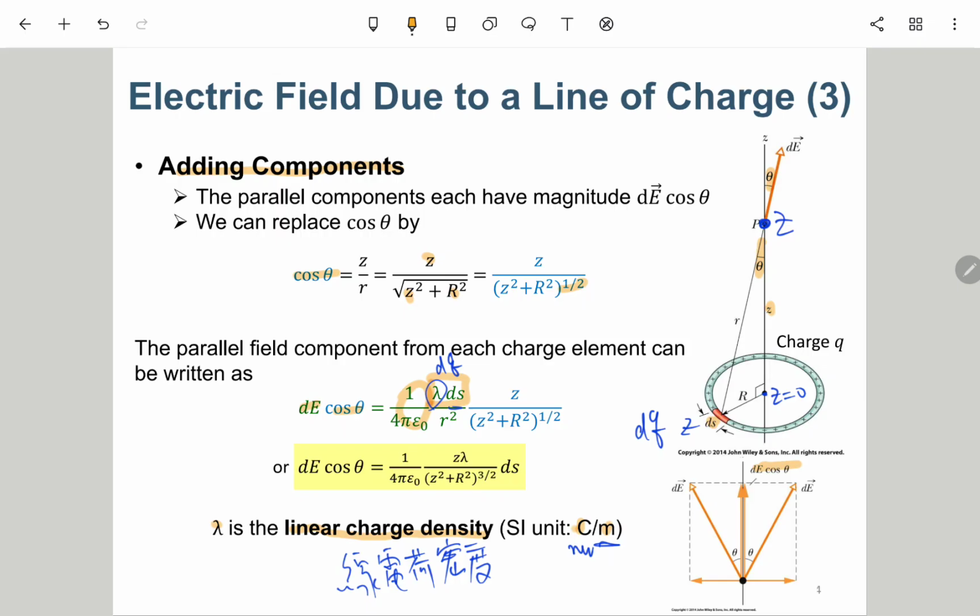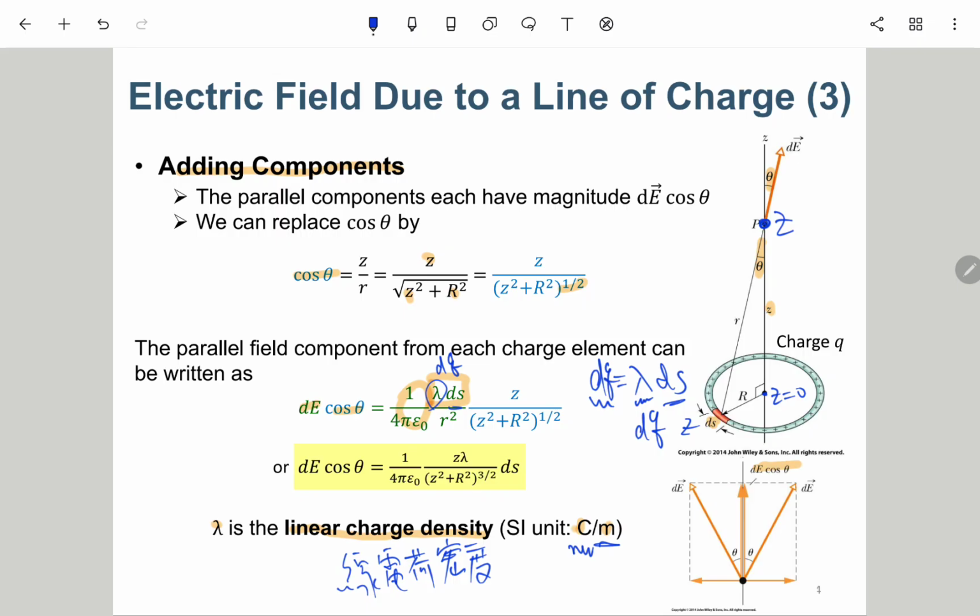Here, dq is actually lambda times ds. The charge is the charge density multiplied by the length. ds is the length, so the length multiplied by the linear charge density is the charge on this ds.